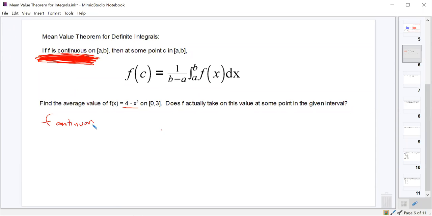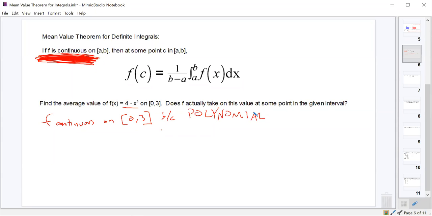Yes, because it's a polynomial. Okay, so good. We've done the first part. We've shown that it's continuous on our interval. Then the next thing we need to do is just set up that equation that we just wrote.